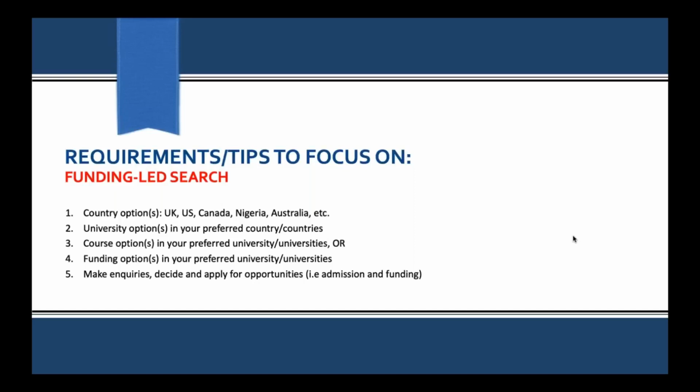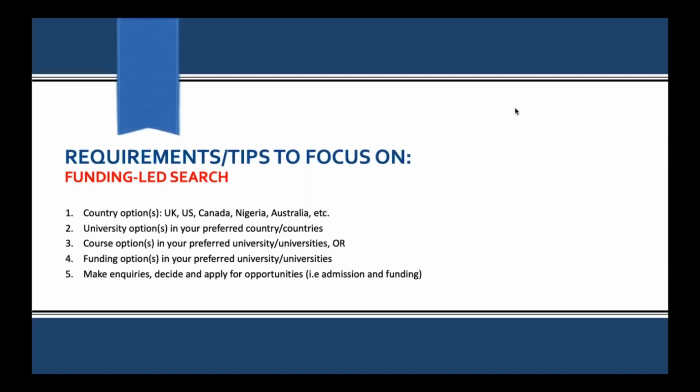And then I had to decide what university or universities I wanted to apply to. And so I did apply to a couple of universities after I searched and found out that they had funding opportunities.